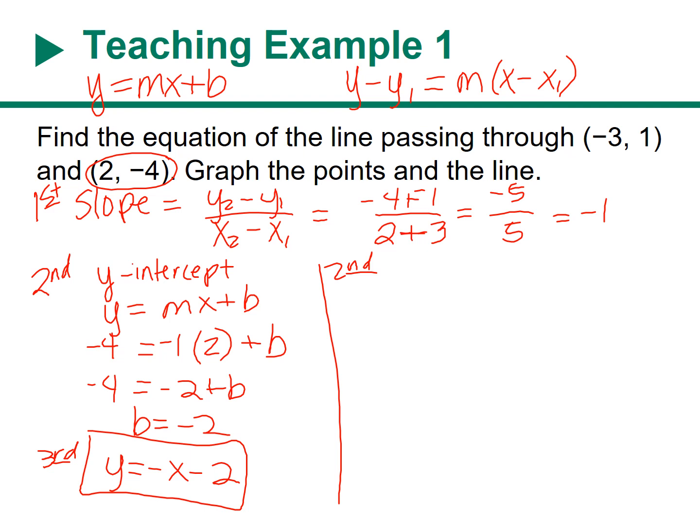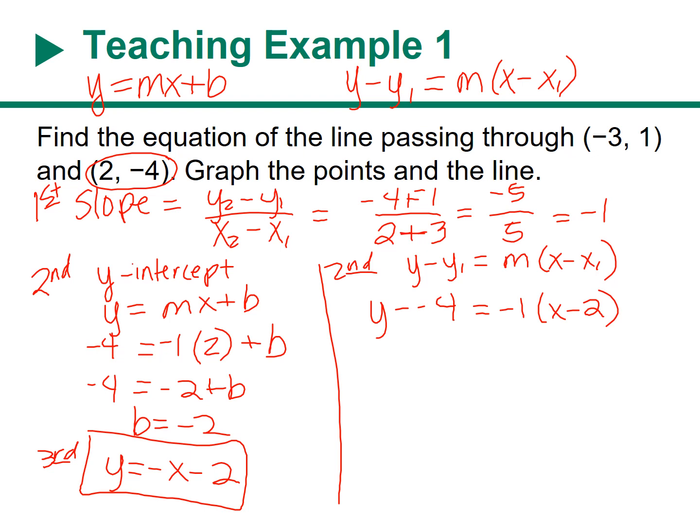Option 2 is to use the point-slope form, this guy right here, and plug in and solve. And that's it. So you're using y minus y1 equals m times x minus x1, and you're going to plug in your x1, your y1, and your slope. Again, I'll use the same point. So y minus -4 equals my slope, -1, times x minus 2.